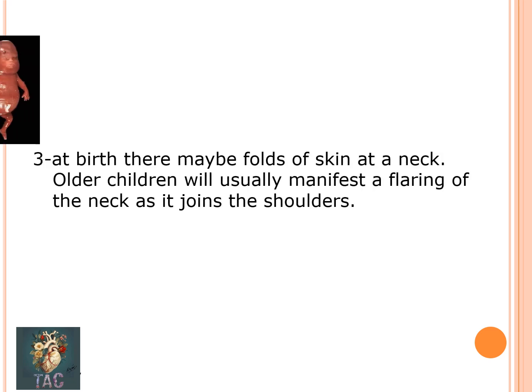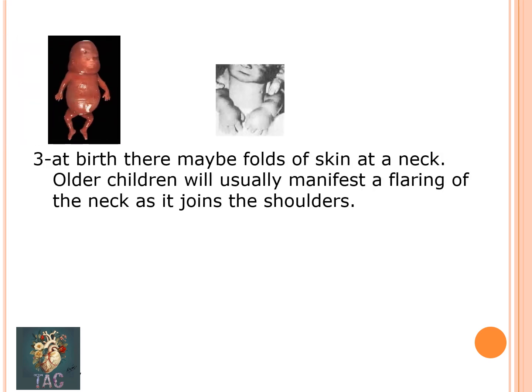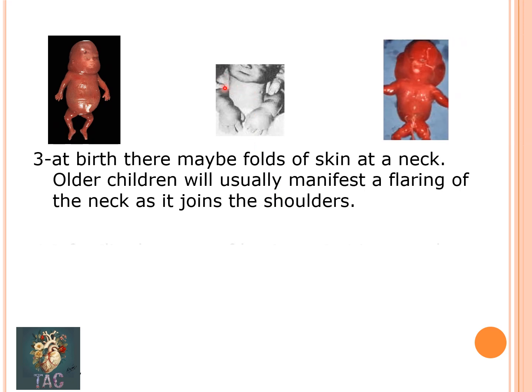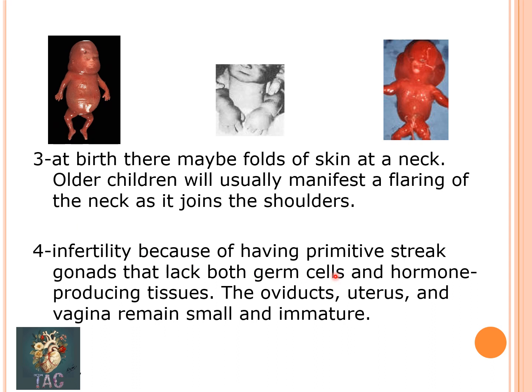At birth there may be a fold of skin at the neck, as you can see in this diagram. Other children will usually manifest a flaring of the neck as it joins the shoulder, which you can also see over here. There is infertility because of streak ovaries that lack both germ cells and hormone producing tissues. The oviduct, uterus and vagina remain small and immature.